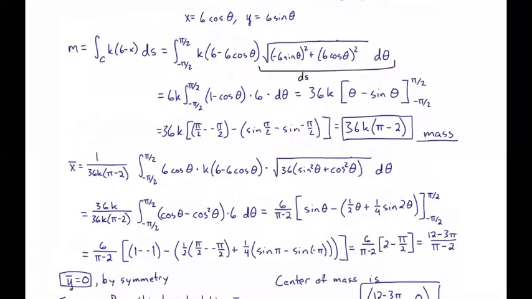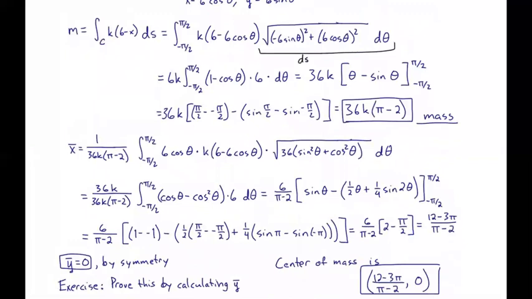What I suggest the student or the viewer do is to prove that this is the case by actually calculating y bar using the formula similar to the x bar formula. And you'll see that when you're done with all the details of that you get 0. And that's a nice check. You can use a lot of the things that are similar to what we've done here. And it's a nice practice to get started on some of these integrals. So overall, our center of mass is this x coordinate, comma 0.